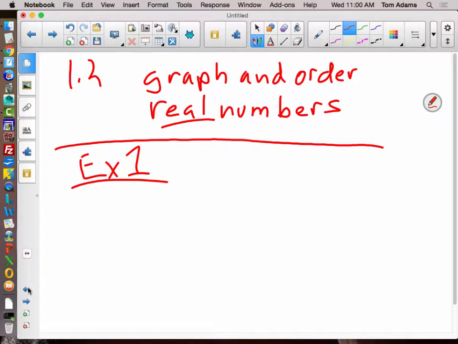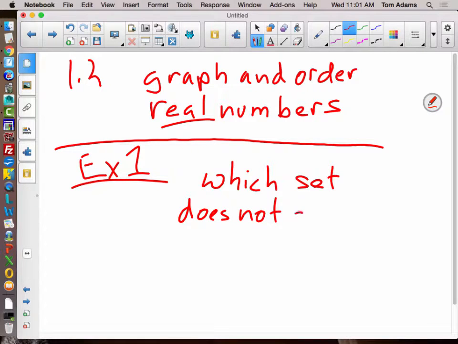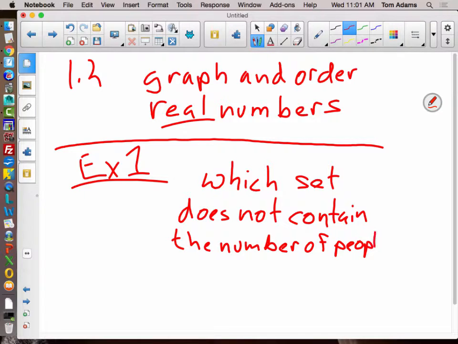So it's saying, which set does not contain the number of people in the race.